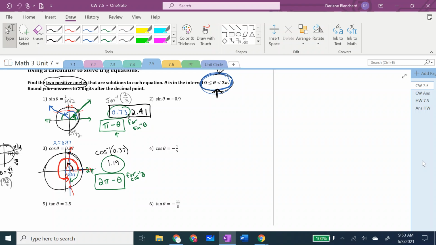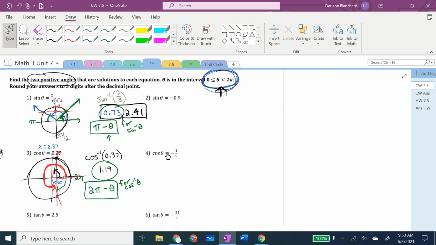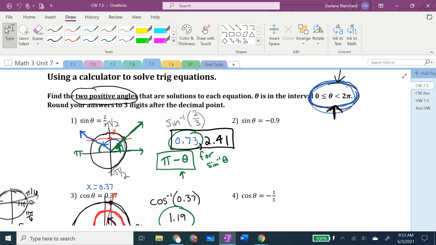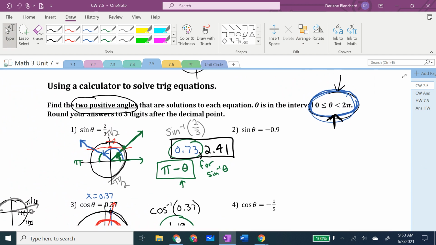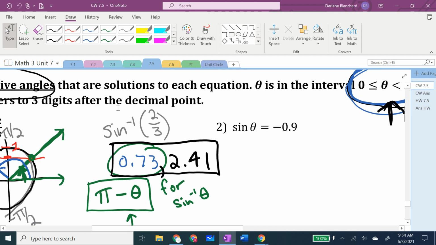All right. So, quick recap on what we were doing. We are looking at how to use a scientific calculator, not a graphing calculator, because a graphing calculator is more powerful. With a scientific calculator, you need to understand that when you use the inverse buttons, they will give you only one answer.